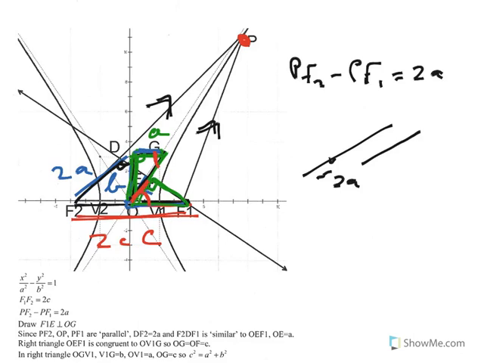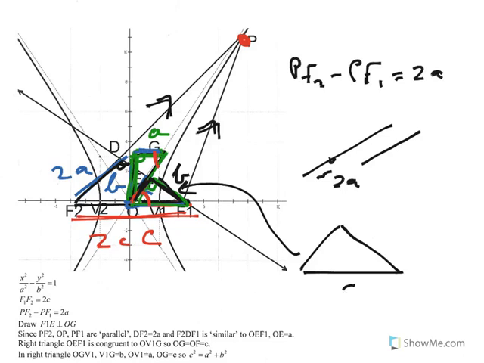Those two angles are equal. So these are congruent triangles, which means that this side here, even though it doesn't quite look like it, must equal b also. So I have this little triangle here, which I'll just draw. That's this triangle right here. It has c, a, and b in it, and it's a right triangle, and c is the hypotenuse, so c squared equals a squared plus b squared.